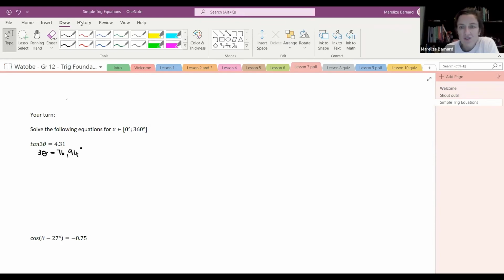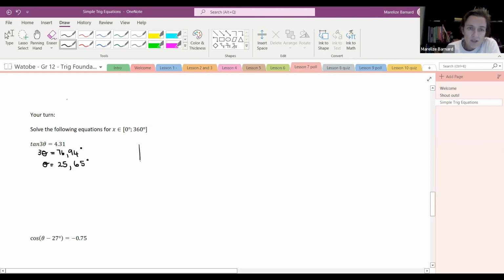Okay, answers are starting to come in for this first question. So let's have a look. To get theta, we need to divide by 3 right through. So then theta is 25.65 degrees. So that's our reference angle. We are now going to look at our quadrants. Our quadrants, tan is positive in the first quadrant and in the third quadrant.